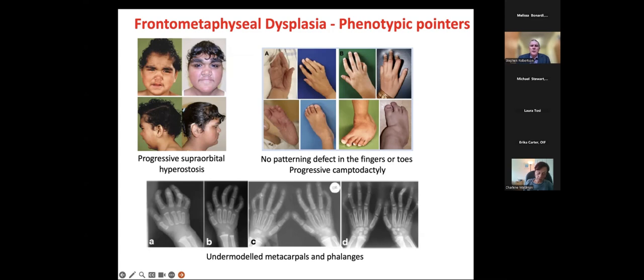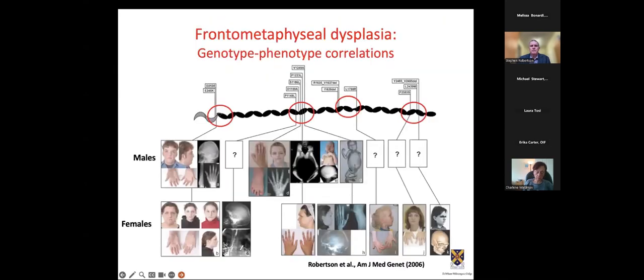It's also indicated in the bottom part of this slide that the radiography of the hands of these individuals also demonstrates with time more pronounced undermodeling of the phalanges and metacarpal bones. It's of note that frontometaphyseal dysplasia does have a gradient across the gene as well.